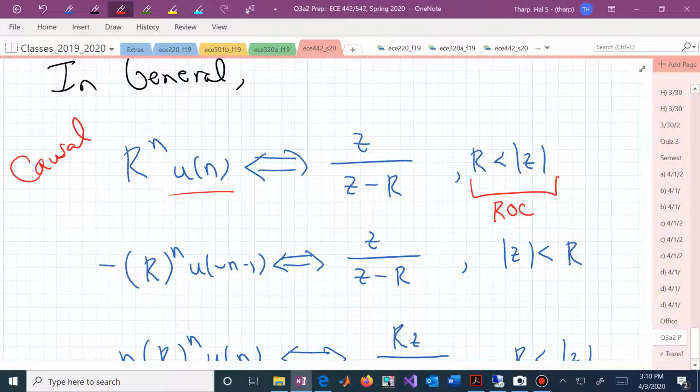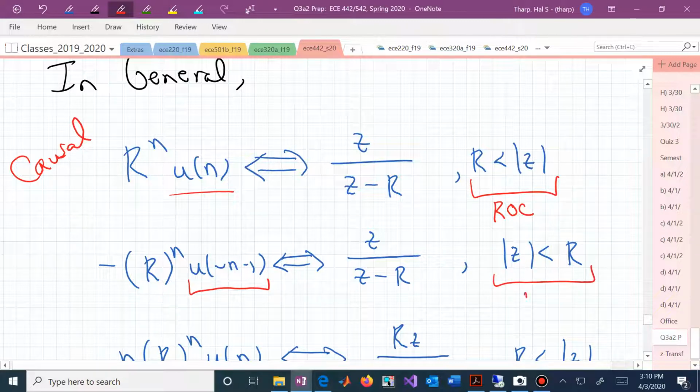But if somebody gives you a non-causal sequence, or they give you a region of convergence that indicates a non-causal sequence, then you have to have this sign reversal between the Z-transform and its time sequence.